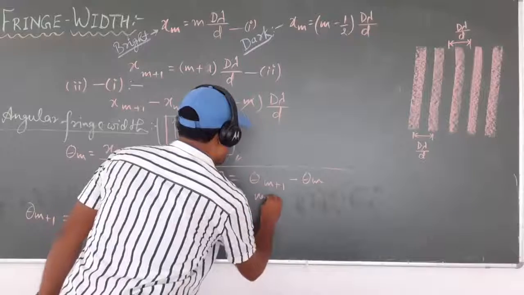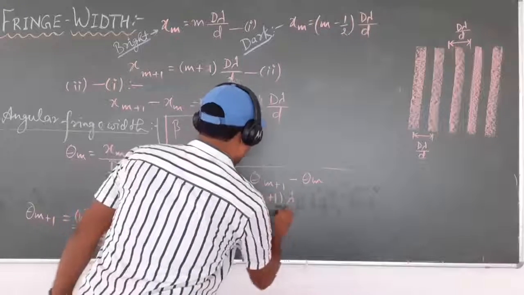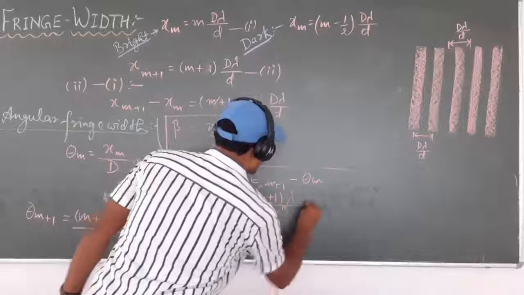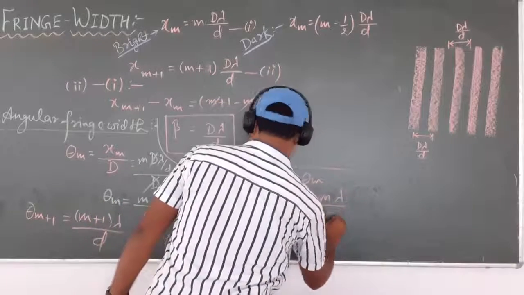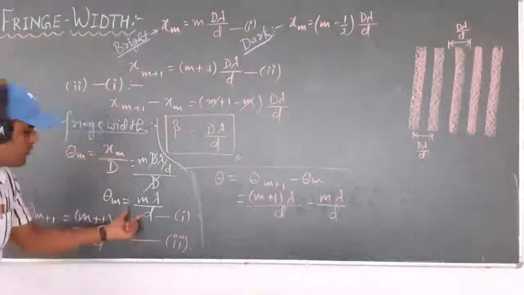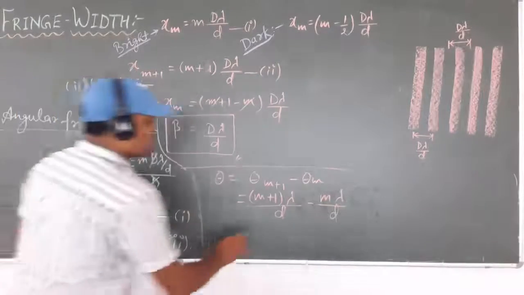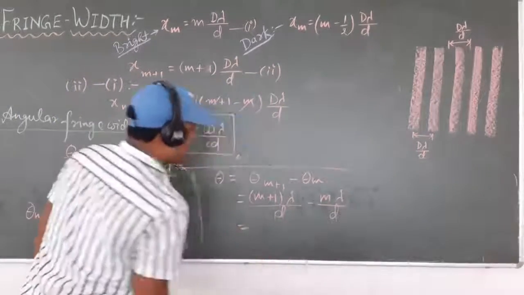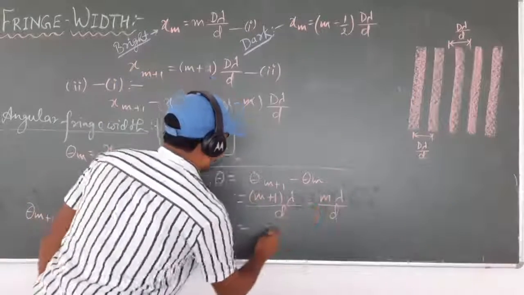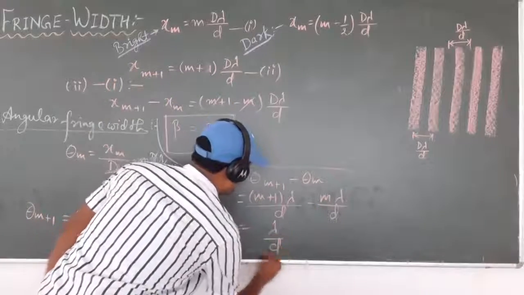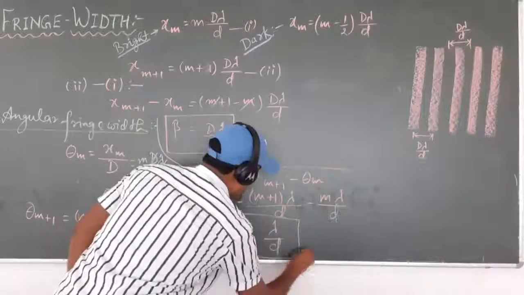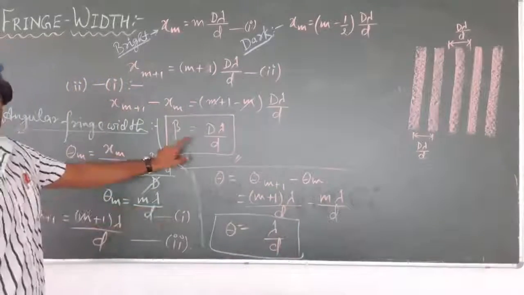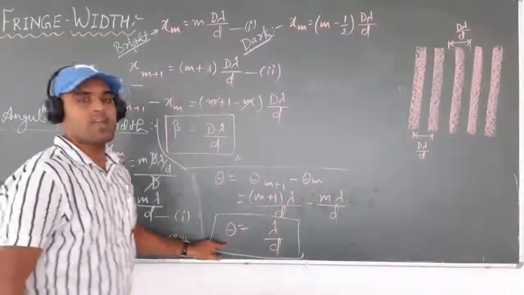So m plus 1 lambda by d minus m lambda upon d. This you can see, equation 2 minus 1, I have done. After taking lambda by d common, plus and minus m will be cancelled. So what is left? Lambda by d only is left, and this is the equation of angular fringe width. This is the equation of fringe width, and this is the equation of the angular fringe width.